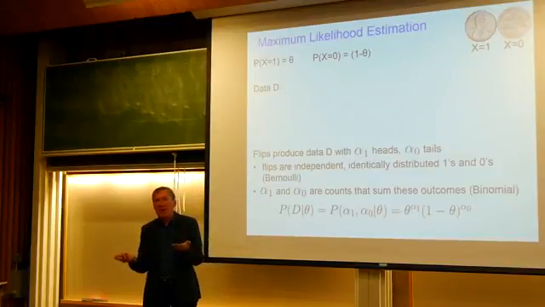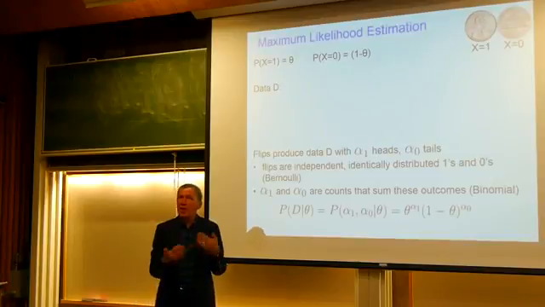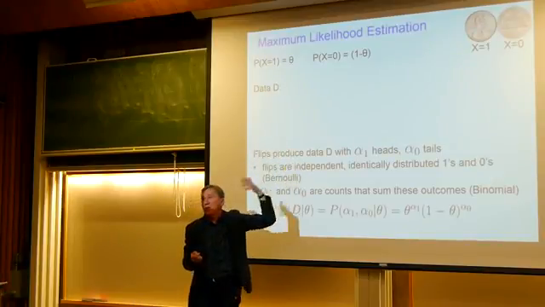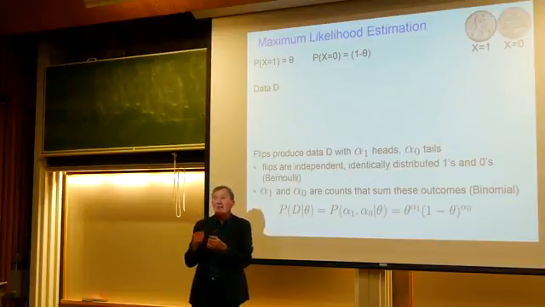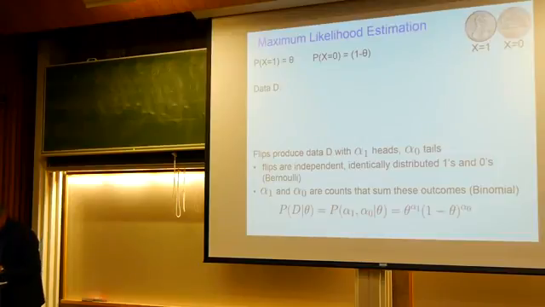So we might choose theta equals 0.9, 0.8, 0.7, 0.6, 0.5, 0.4. One of those values will make this observed data most probable, and that's the value we're going to choose.